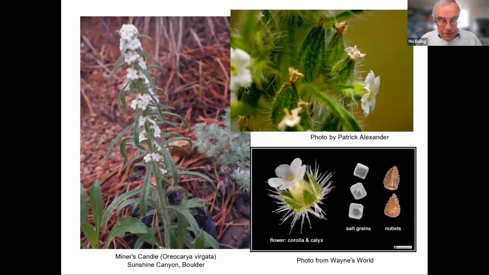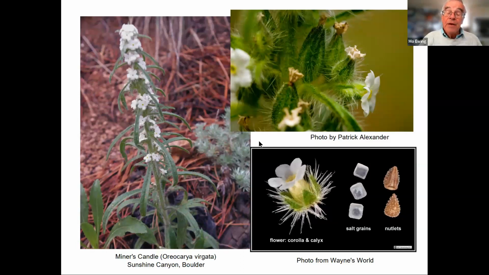And that's a pretty easy way of identifying at least the genus. Now the species is very tough to identify because you have to take a look at the nutlets, and it's sometimes very hard to find the nutlets, their shape and what their skins look like and so forth. And this is the size of them. These are salt grains and those are nutlets.